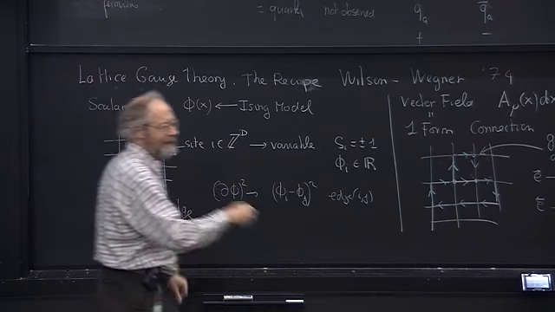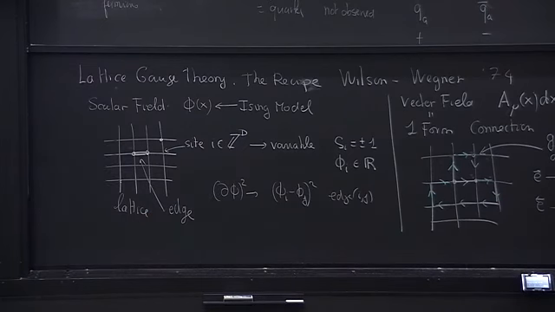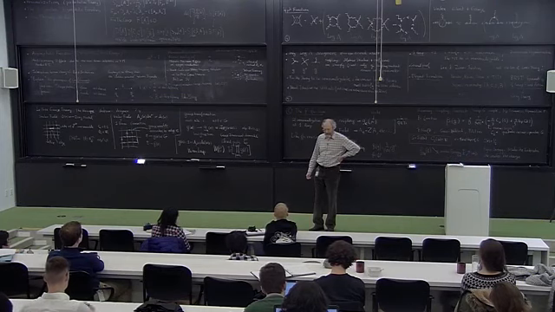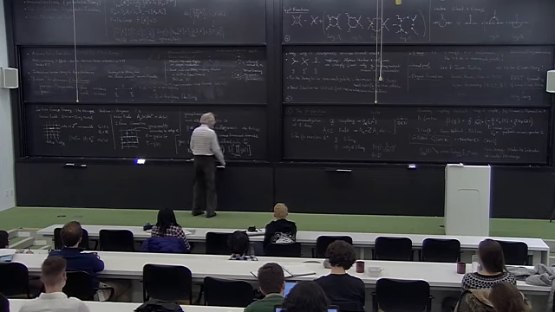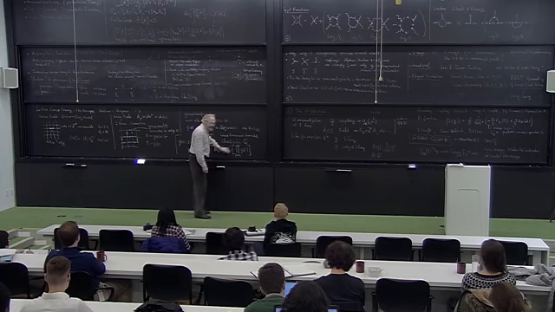Right. Yes? If I define a gauge quantum field theory, not the lattice version, just the continuous version. Yes, there are correlations. But the gauge invariant correlation functions are defined exactly in the same way.